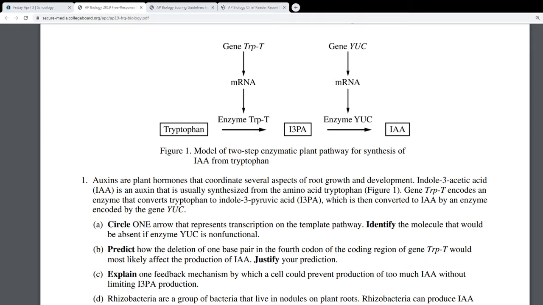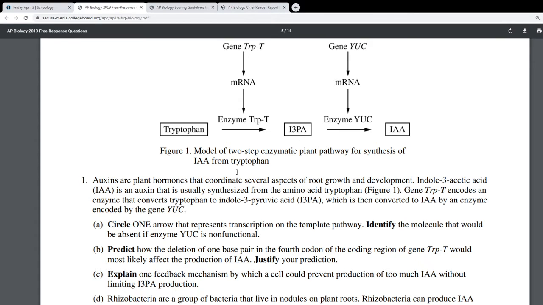So starting that off, I'm going to ask you guys in the chat, identify what molecule it is, because I won't see that for a few seconds. And the arrows that are transcription, remember, transcription makes our messenger RNA, which means the arrows that are making the messenger RNA are right here and right there.